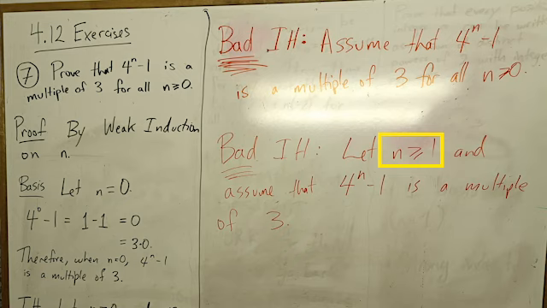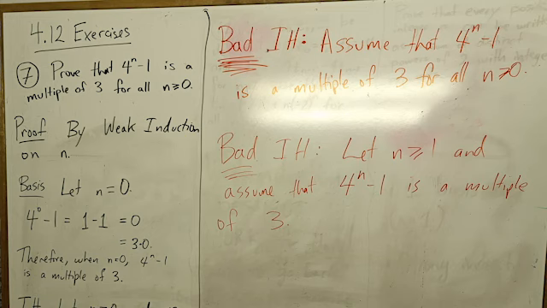Because we haven't proven the case n equals 1. If in your basis you prove the case n equals 1, then that's okay. Then this inductive hypothesis is correct. However, if I only prove the case n equals 0, then I cannot assume the case n equals 1 yet, because I don't know if it's true. I can only assume the case n equals 0.